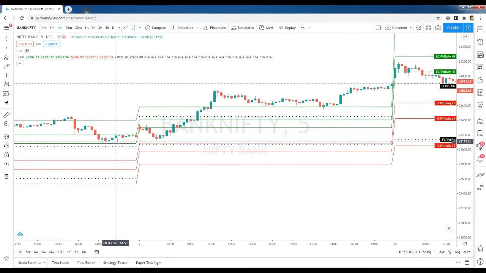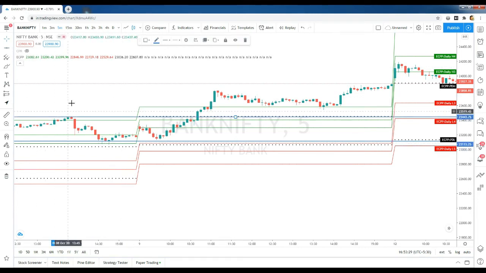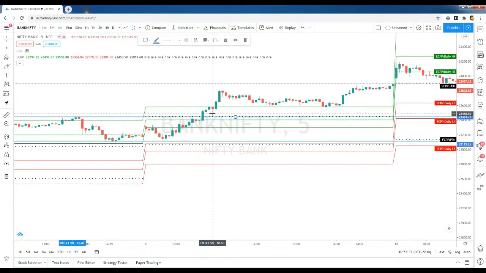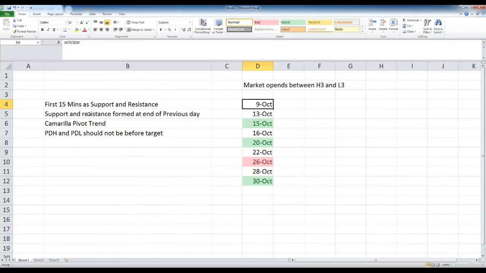If you see this body, I will draw the horizontal line. This is a big support formed on the previous day, and this is the actual resistance, which is also the previous day high. So this can be a resistance and this can be a support, apart from the Camarilla lines. We are done with the second one.